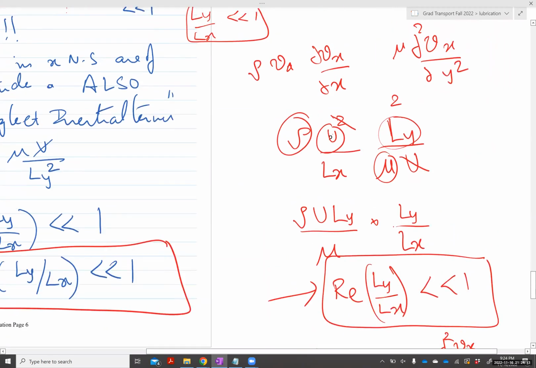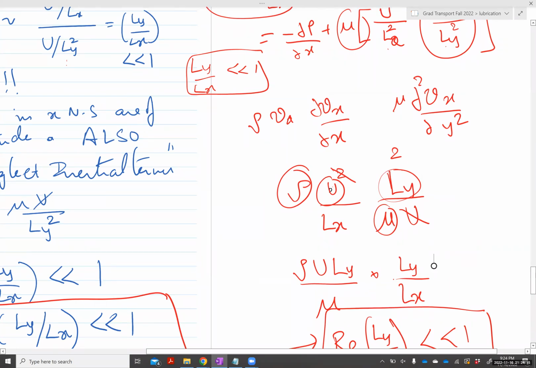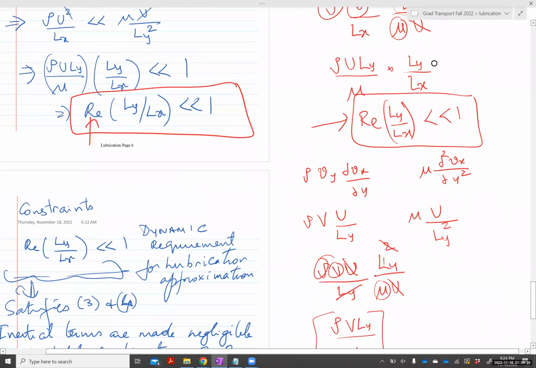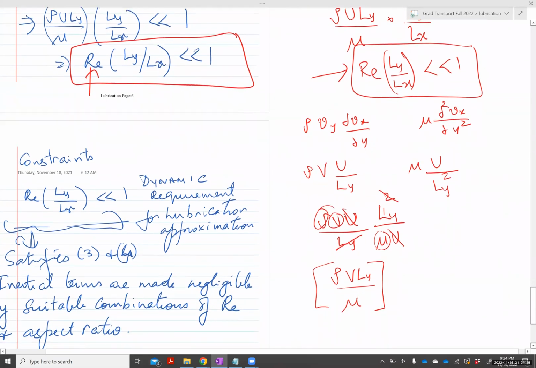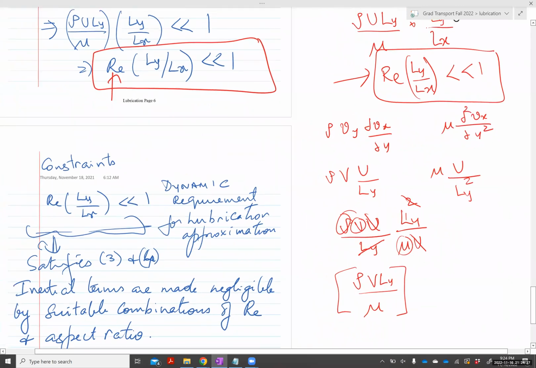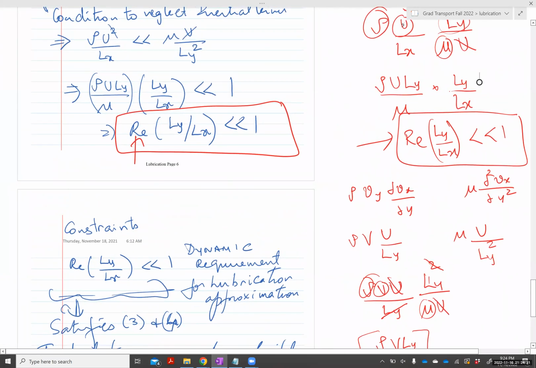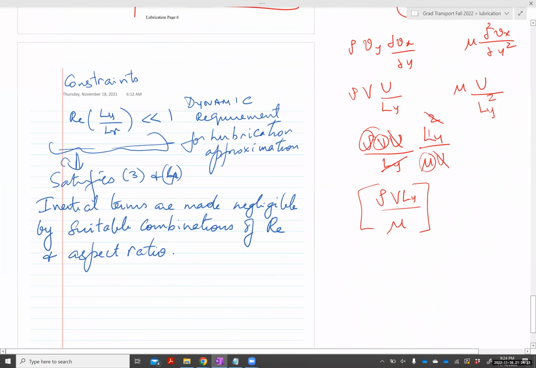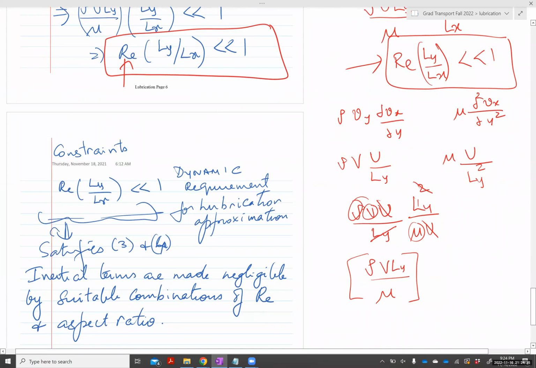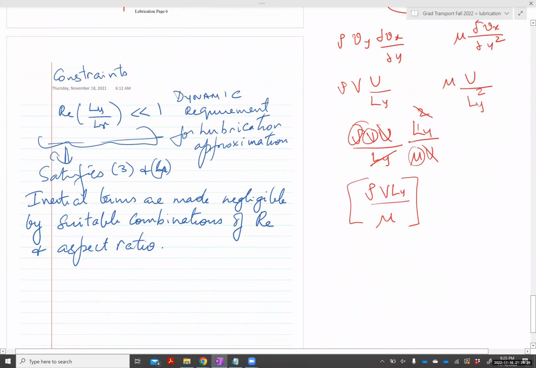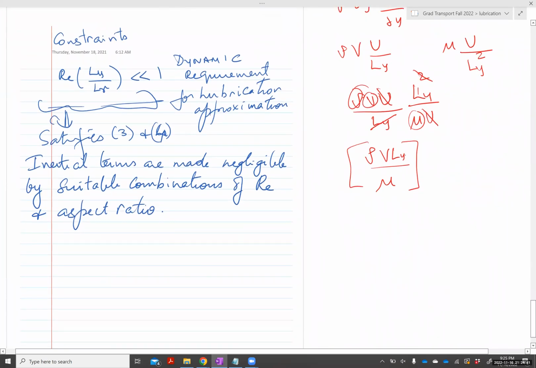Hold on, what's going on? Rho V u over Ly, divided by mu times u over Ly squared. Okay, so this is just the Reynolds number. Oh, okay, so rho V Ly over mu.